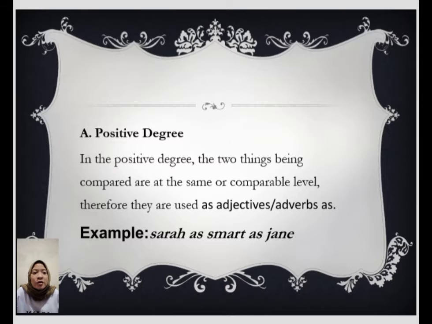Therefore, they use as plus adjective or adverb plus as. For example, positive degree: Sarah is as smart as Jane.